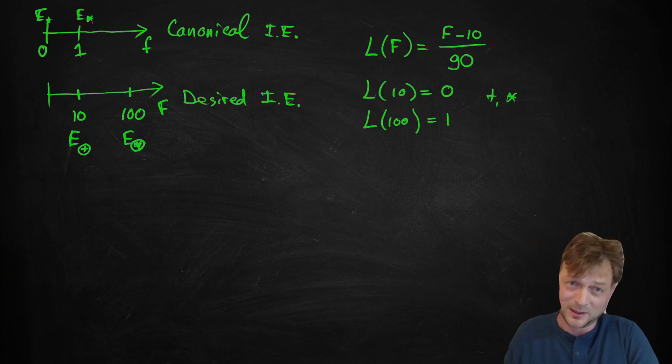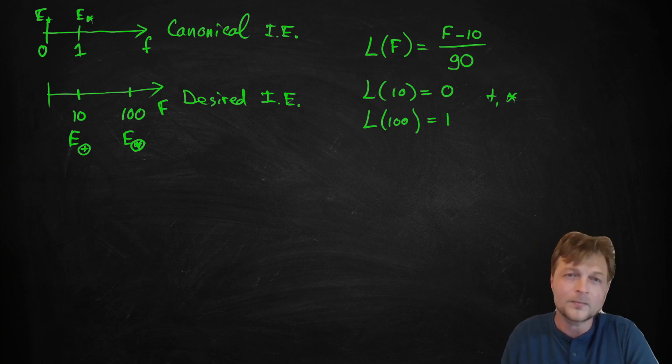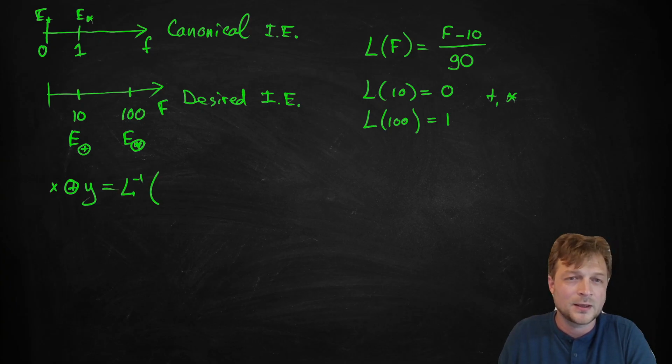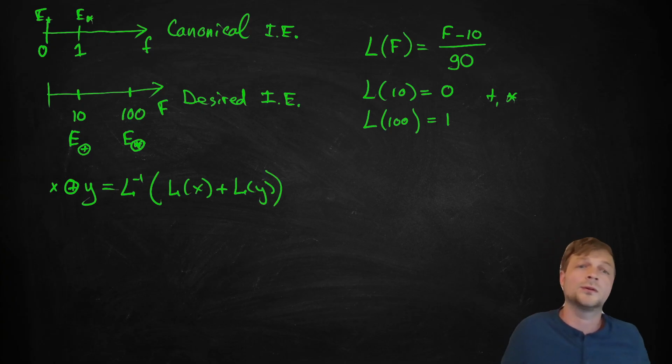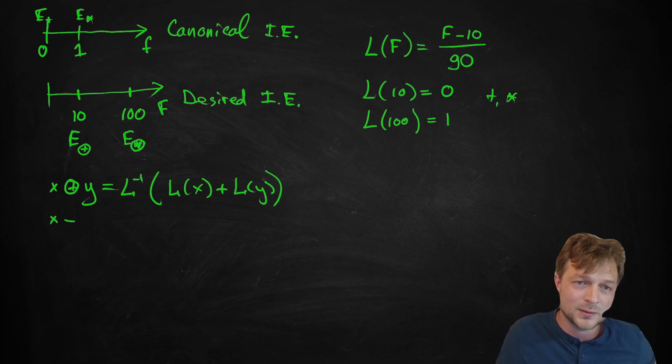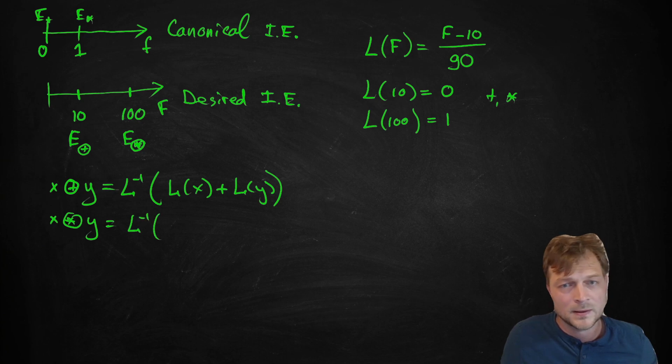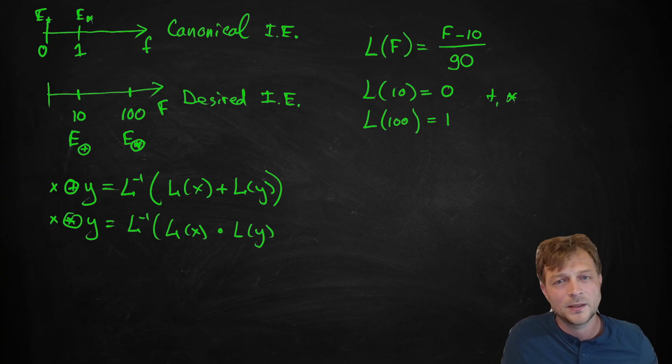So if we introduce the plus operation, x plus y, in this form, canonical plus, we introduce circled plus and circled multiply the same way, multiplying L of x by L of y.